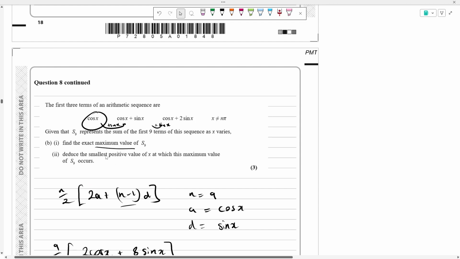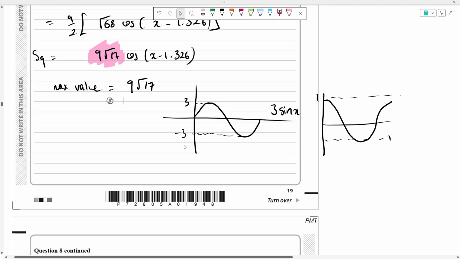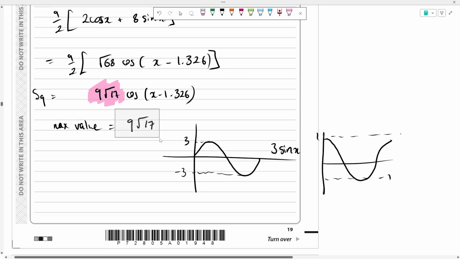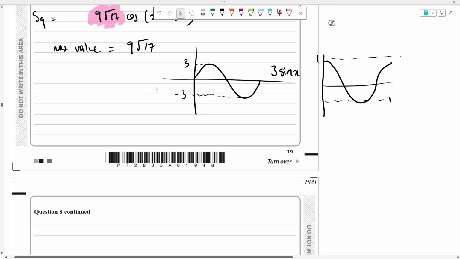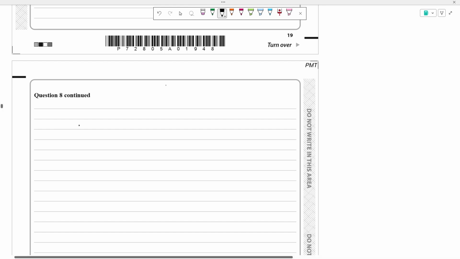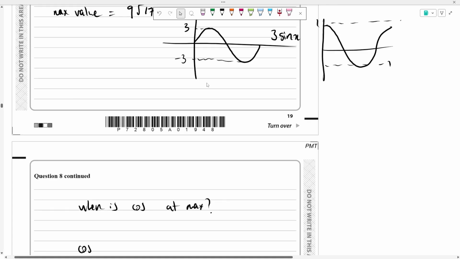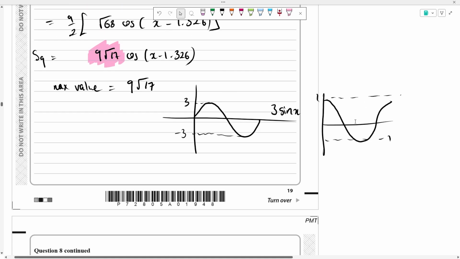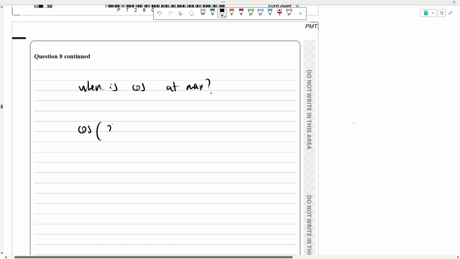You just bring that across like so. And deduce the smallest possible value of x at which this maximum value of S9 occurs. We're trying to find out when is 9√17 happening. This is essentially when this is at its maximum. So it's asking us basically when is cos, any sort of cos, at its max? Essentially when your cos function is at 1. Your cos function itself has to be at 1, so it doesn't really matter what's behind it.